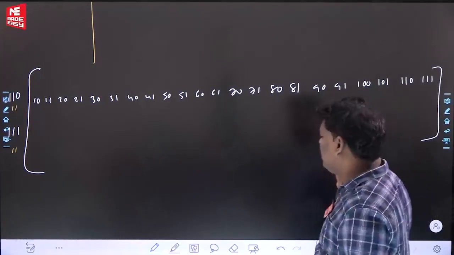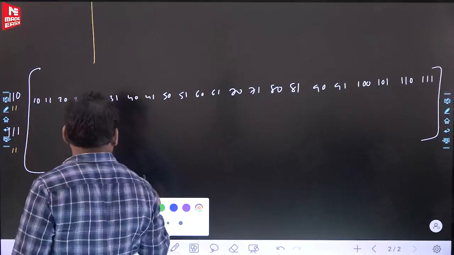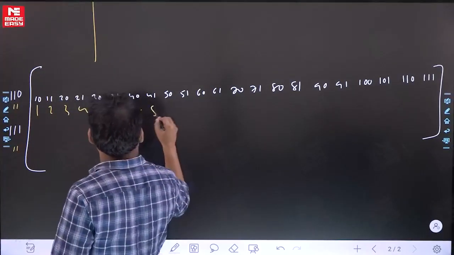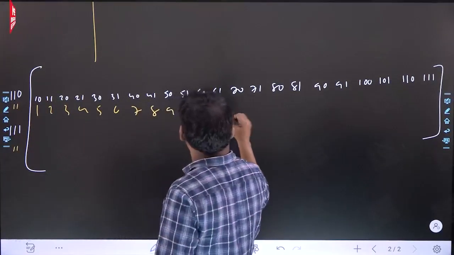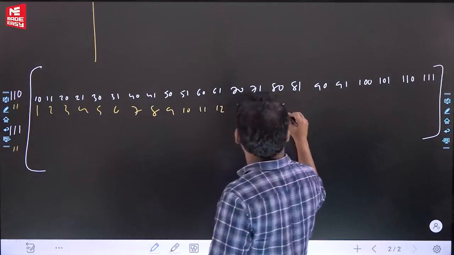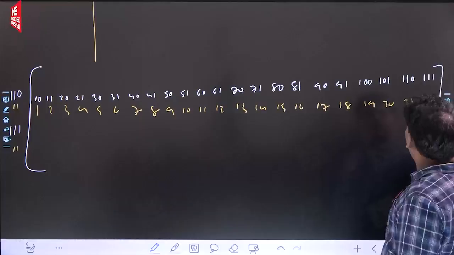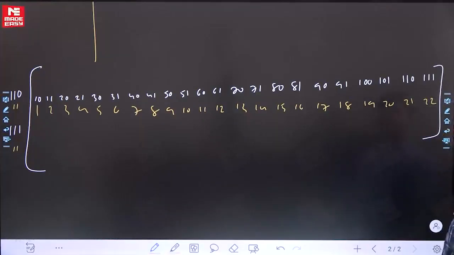How many elements are there? Let me count: 1, 2, 3, up to 22. Total is 11 plus 11, 22 elements. If there are 22 elements, what is the median?